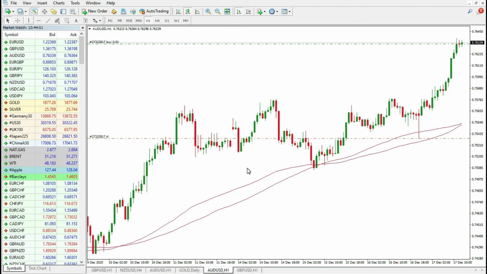Of course, it's not the same, the equation is not the same. I just want to tell you that exponential, simple, smoothed moving average, they're very similar, and you can choose anything that you're comfortable to trade with.